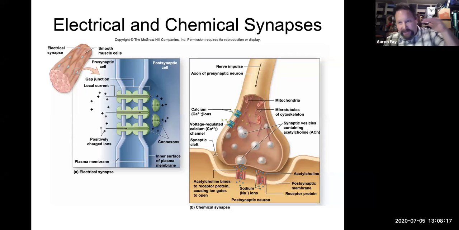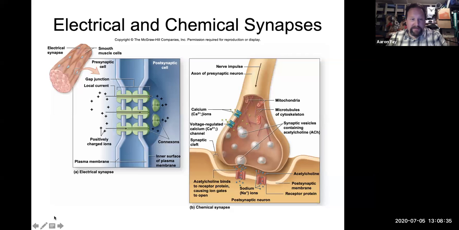Information or action potentials only travel in one direction. So if you remember the particulars about vesicles and neurotransmitters from the previous chapter, you're good. You just need to remember this terminology about post and presynaptic neuron.